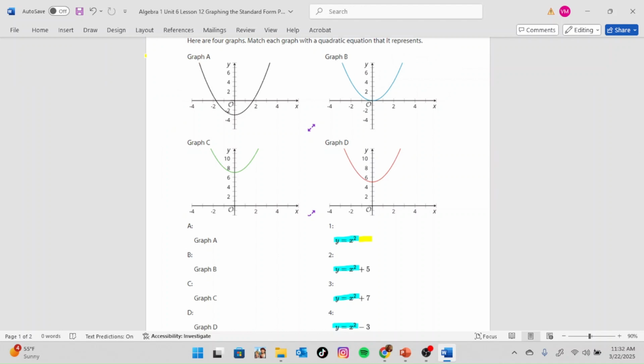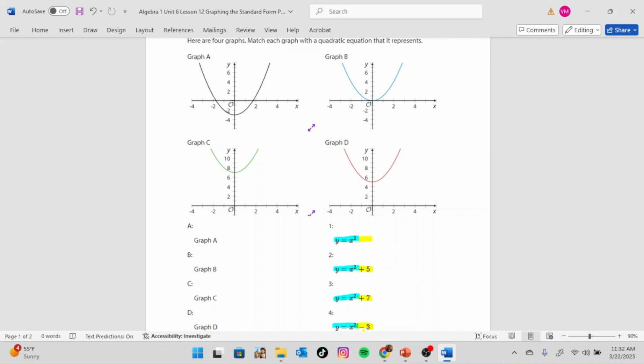In the first one, we don't add or subtract anything. In the second one, we add 5. In the third one, we add 7. And in the fourth one, we subtract 3.